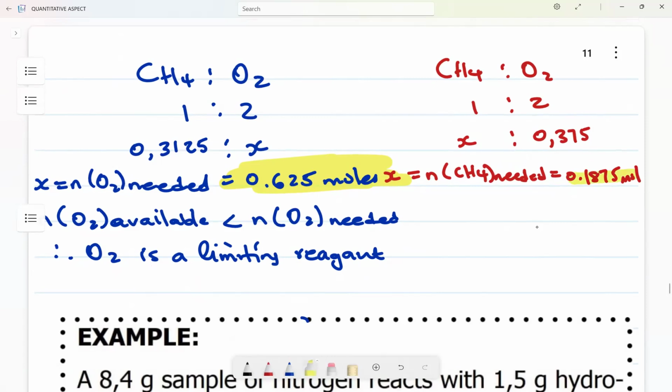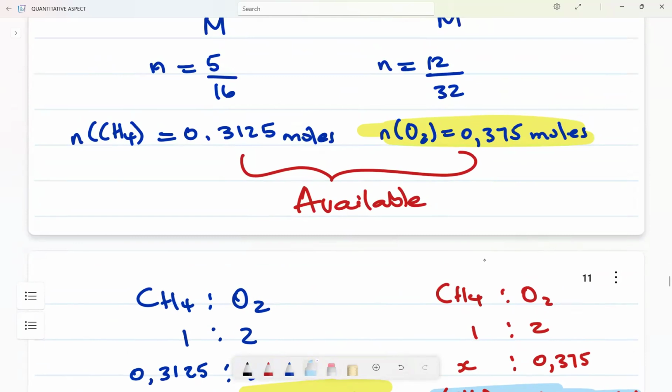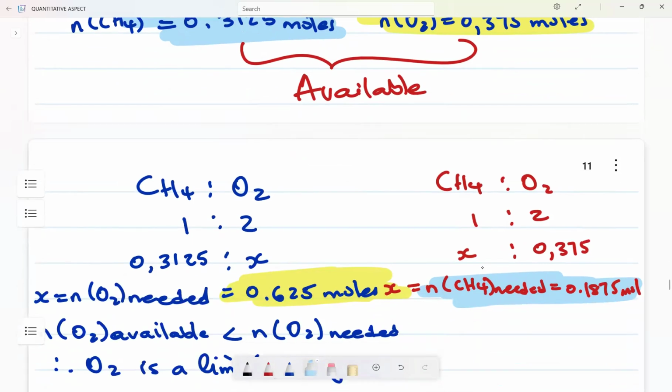Okay, let's see. If we need this much of CH4, is CH4 having enough of that? Let's check. Can you see now that what is available for CH4 is 0.3125, and it is greater than what is needed?